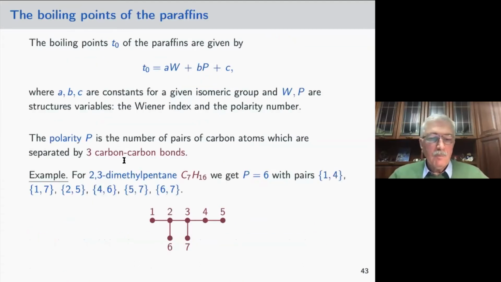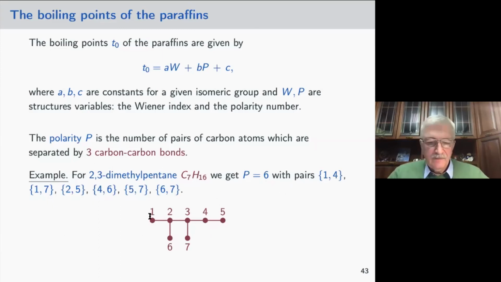More exactly, the relation which he found is the following. The boiling point for paraffins is a linear combination of the Wiener index and another index called P, the polarity. Polarity is just the number of pairs of carbon atoms at distance 3. If you take C7H16, you see that there are pairs at distance 3.